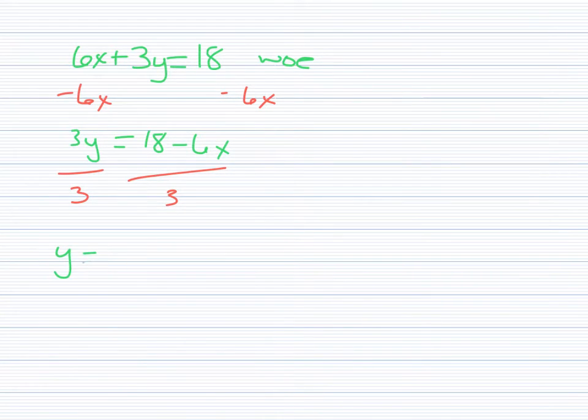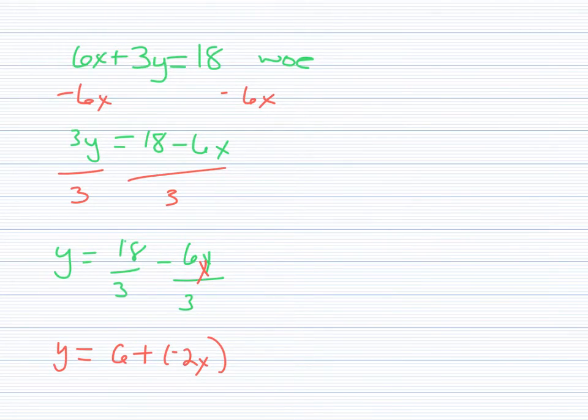That will give me y equals 18 divided by 3 minus 6x divided by 3. And now y will equal 6 plus negative 2x. And that is how we would do that one. We've simplified it here as far as we can do it, and that would be the answer.